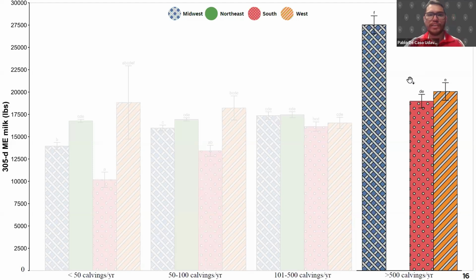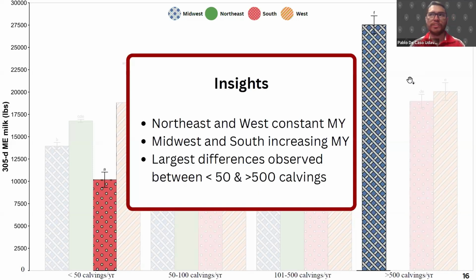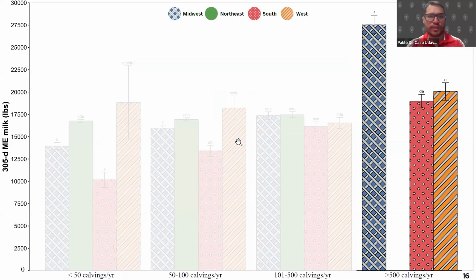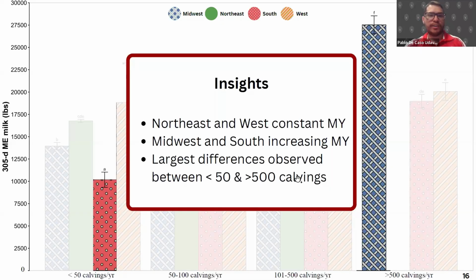So in conclusion, what I would like to give you from these bars is that the Northeast and the West have a very constant milk yield, specifically when we're looking at the categories between 50 and 500 calvings per year. And then there is an increase, as I mentioned, between the Midwest and the South regarding milk yield as we progress with the different herd sizes.